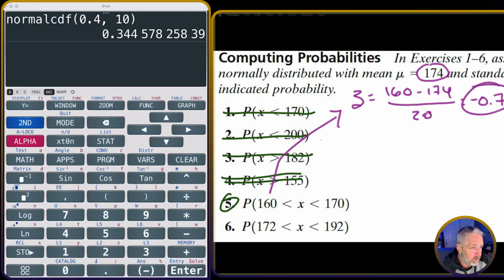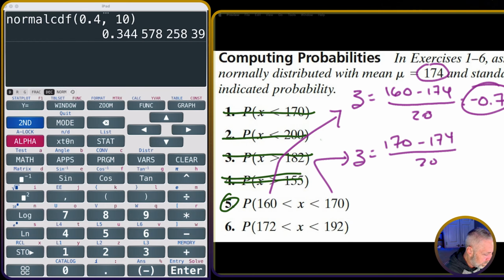So there's one z-score that we were looking for. Now I'm going to get the other one right here. Z is equal to 170, subtract 174, divided by 20. I think we did this. Oh, we did this with the first one, yeah. So 170 subtract 174 divided by 20 equals negative 0.2. There are the 2 z-scores.